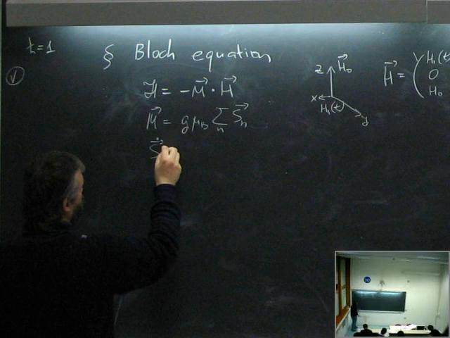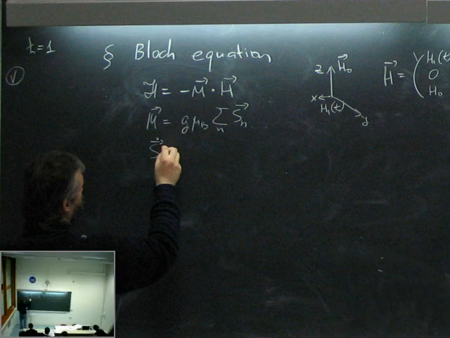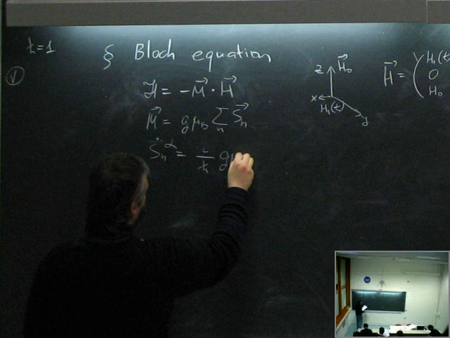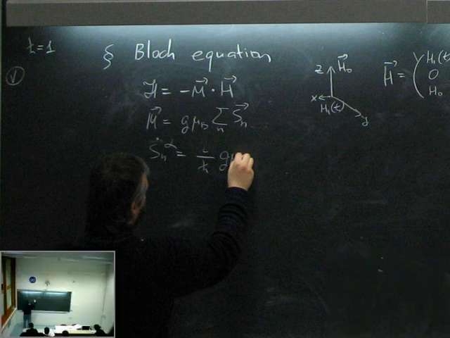Alpha is equal to i over h-bar g mu Bohr, and here it's epsilon alpha beta gamma.